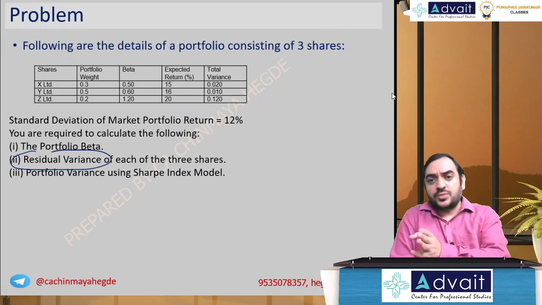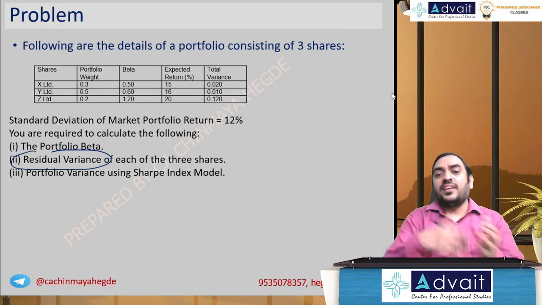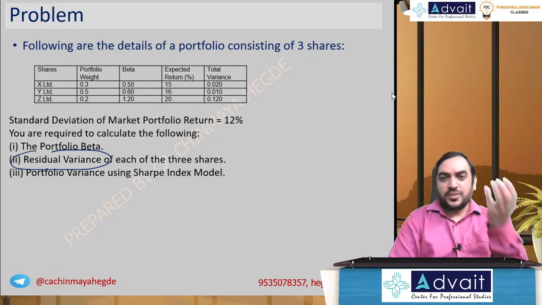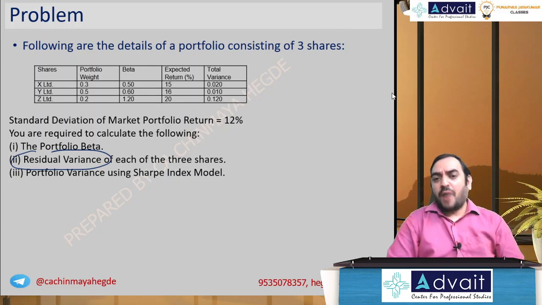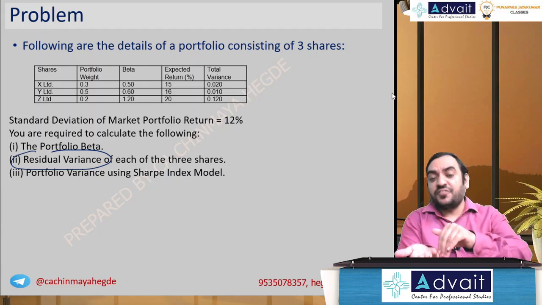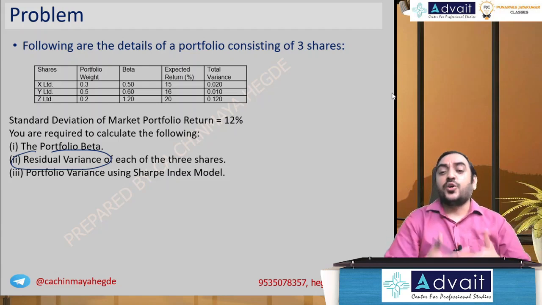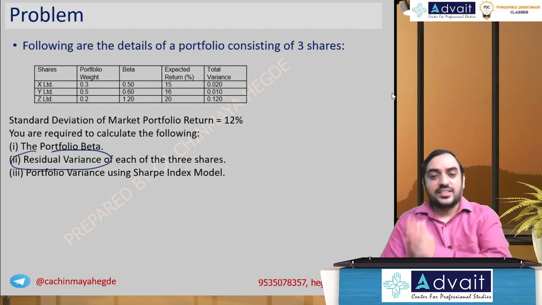The balance comes to unsystematic risk. So it's a balancing figure, right? It's computed as a remaining amount, as a balance. So it's called residual variance. Residue, what remains from the total risk: we understand how much is attributable to market, which we call systematic risk. The remaining balancing figure is unsystematic risk, and that's why it's called residual variance. So residual variance is nothing but unsystematic risk.